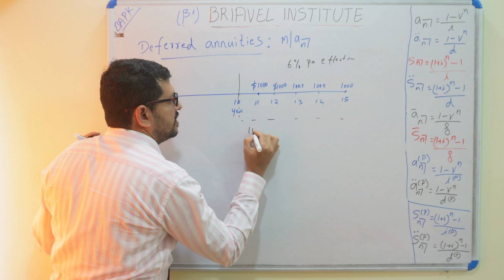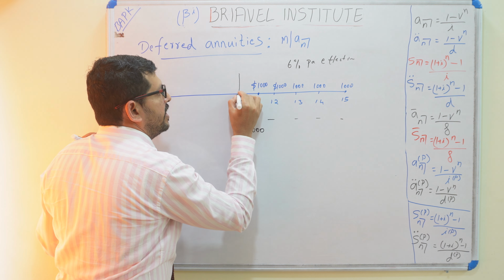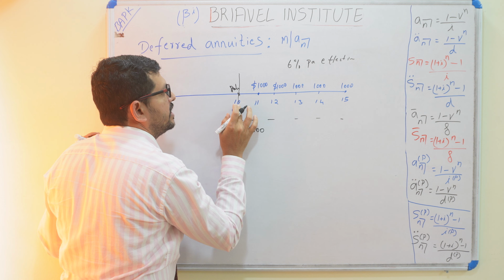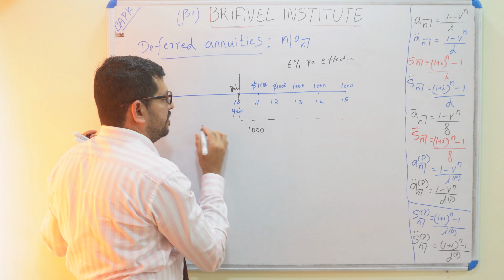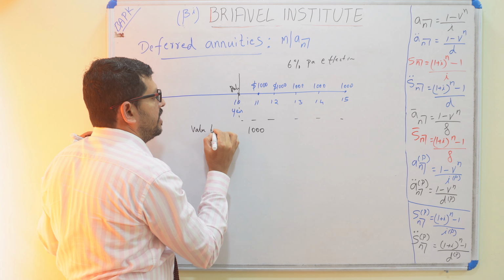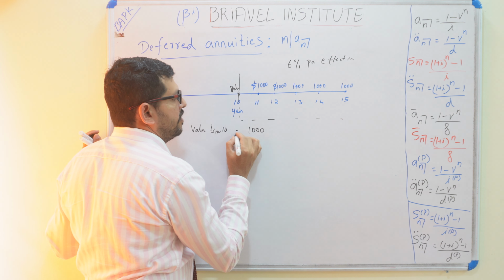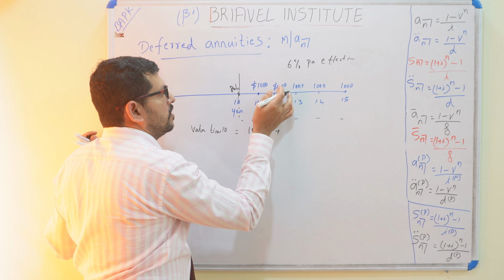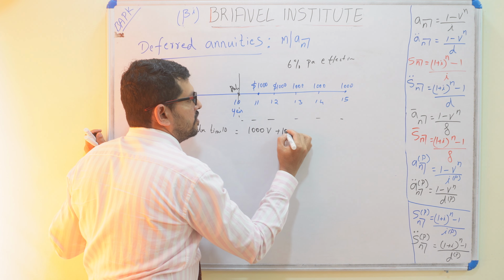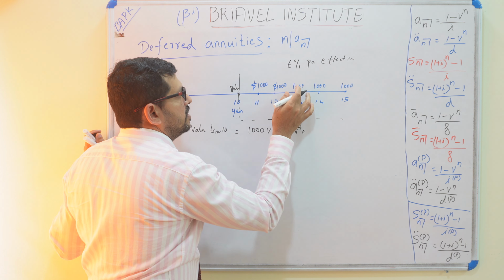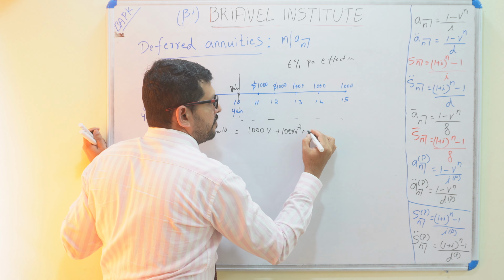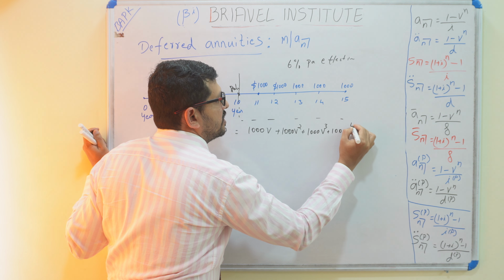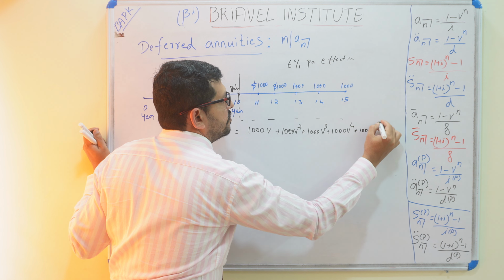We can write that this is 1,000. We are finding the present value not at time 0 but at time 10. How to find the value at time 10? 1,000 v plus another 1,000 taken to here, so 1,000 v squared, plus 1,000 v cubed, plus another 1,000 v raised to 4, plus 1,000 v raised to 5.